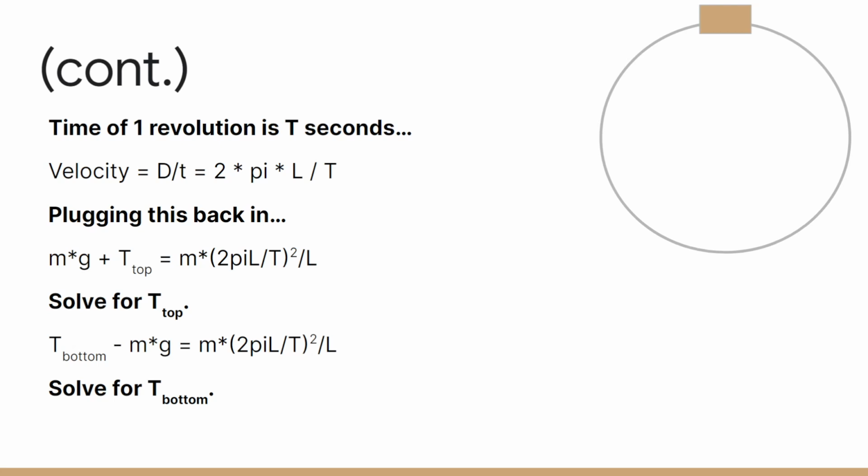So now we want to take this value and plug it back into our previous equation. At the top and at the bottom, we both have equations for mv squared over r.